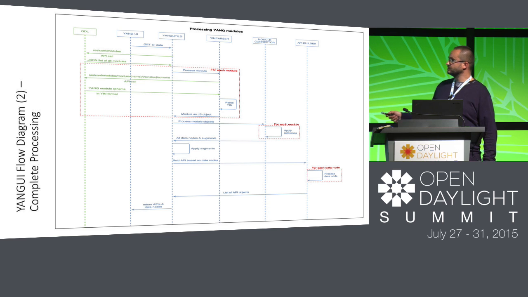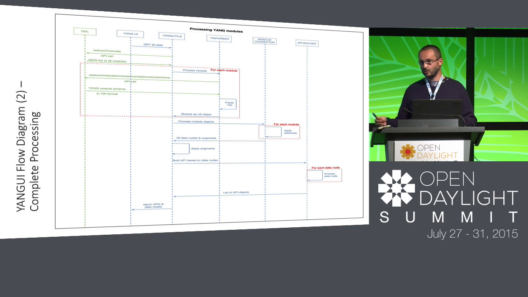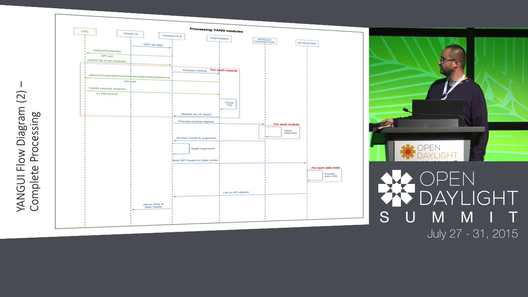This is the first processing, creating JavaScript objects from the Yin. Every module we process in the module connector. Yang utils, Yin parser, module connector, and API builder are just factories in the Yang utils.